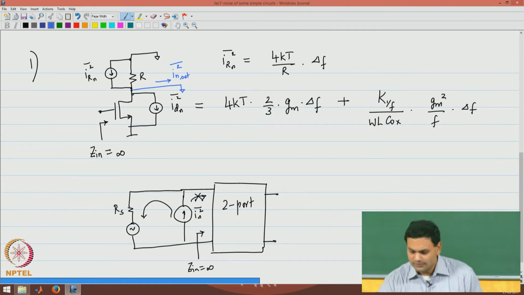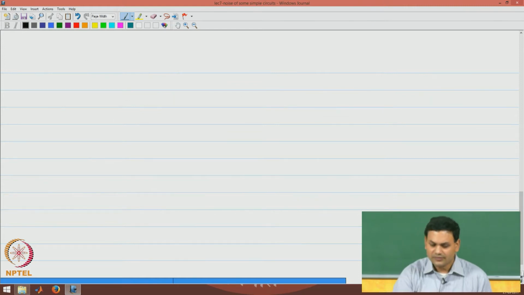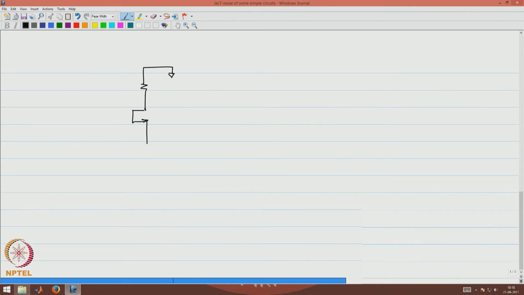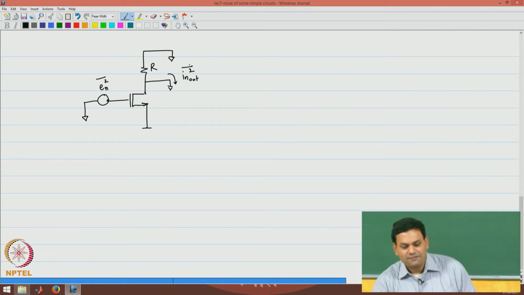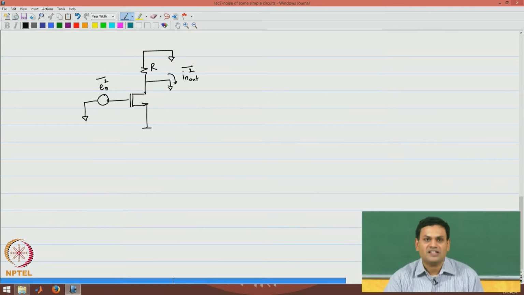In other words, I am going to compare the total noise for this circuit with the following circuit, where both the resistance and the MOSFET are noiseless. If the input referred noise voltage En squared completely represented the noise inside the 2-port, then the output noise current in the two cases should be exactly equal.